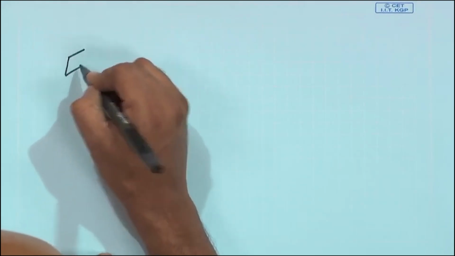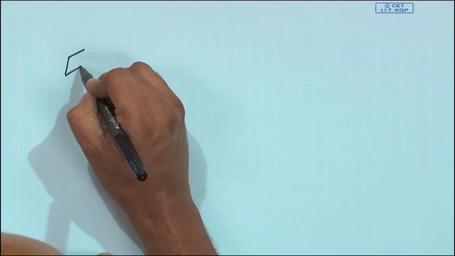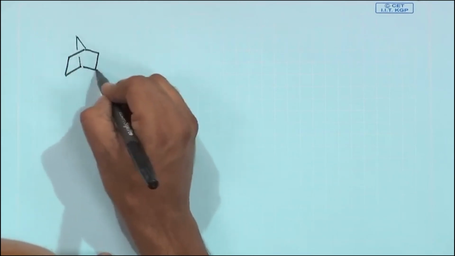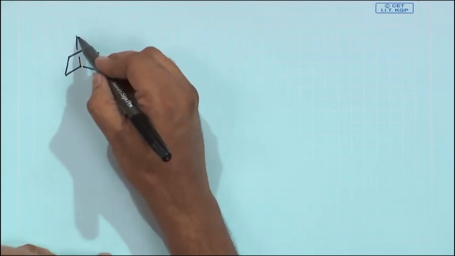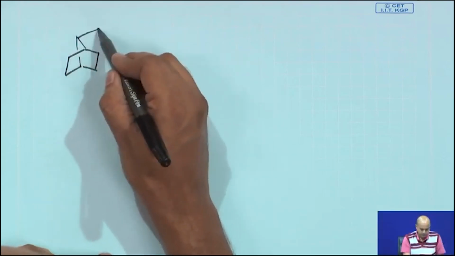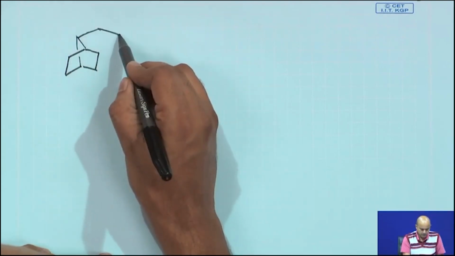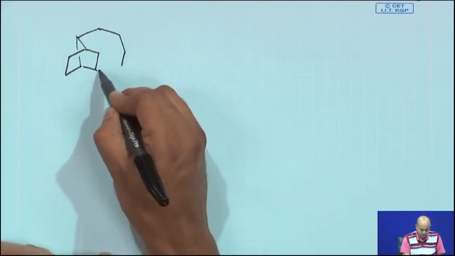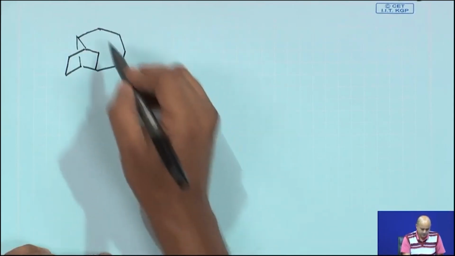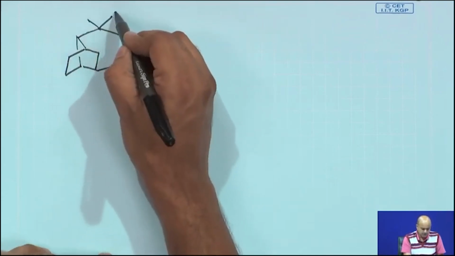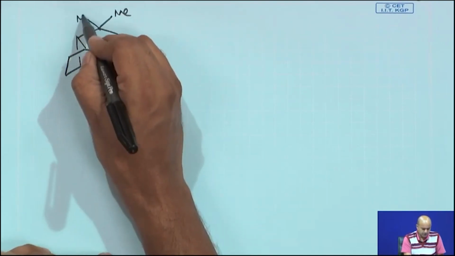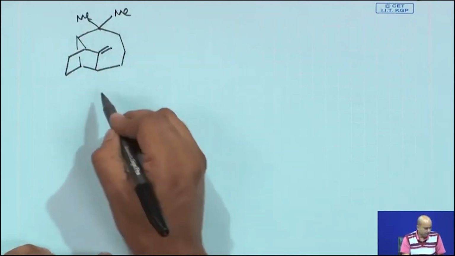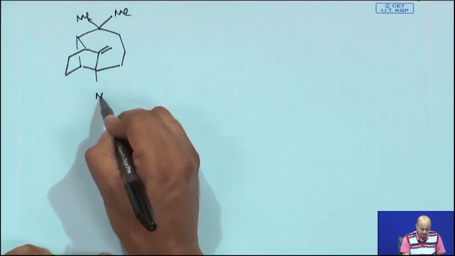The target molecule which I am now going to discuss is a very interesting molecule, and its structure is also very interesting. The structure has very unique topological features, and this molecule has this structure.